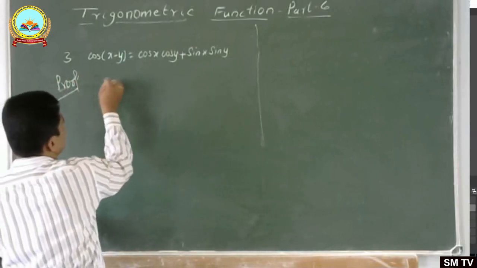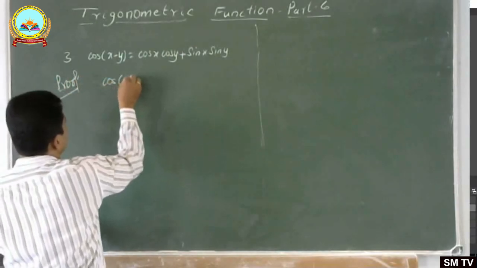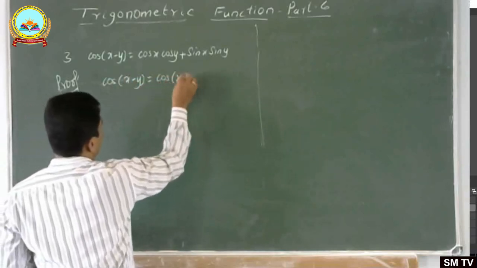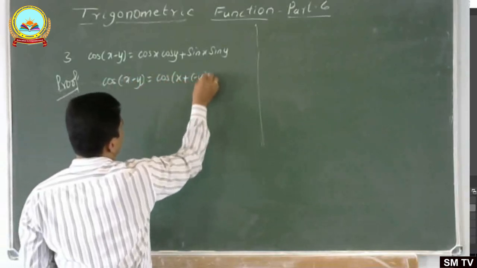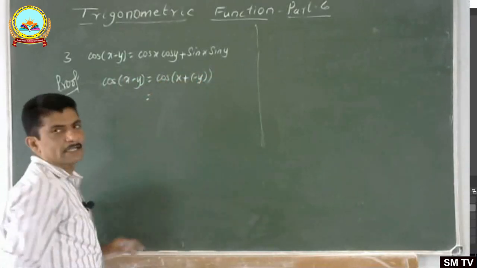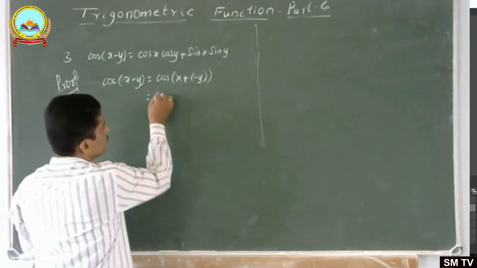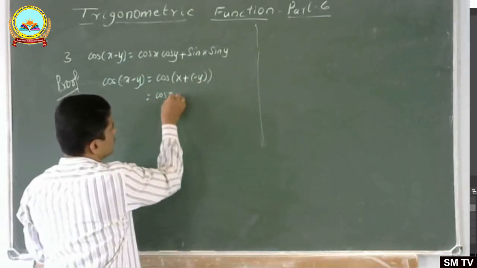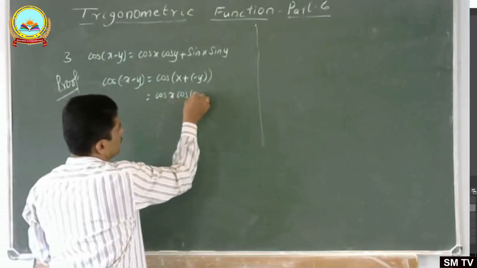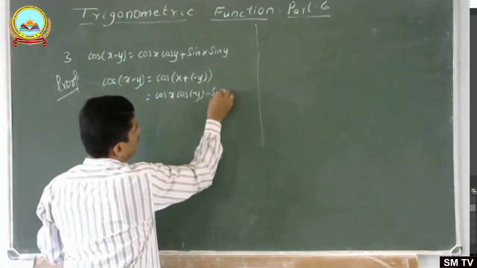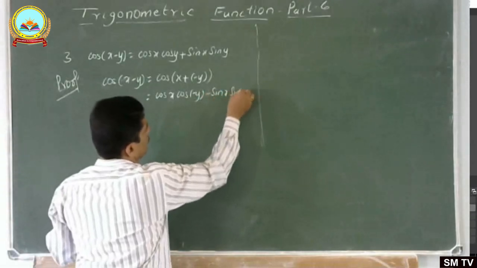You know that cos of x minus y can be rewritten as cos of x plus minus y. Next, explaining cos of x plus y, its value is cos x cos of minus y plus minus sin x sin of minus y.